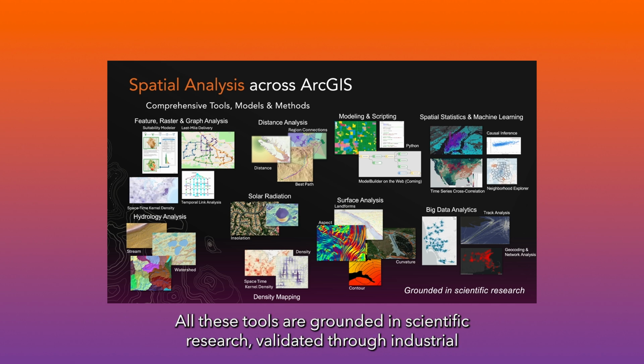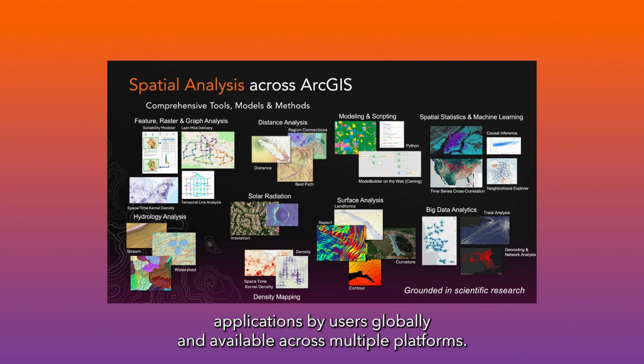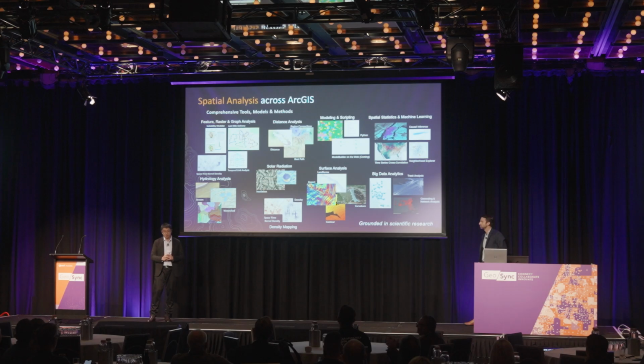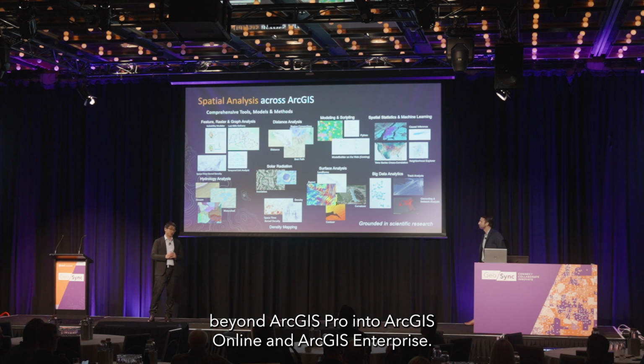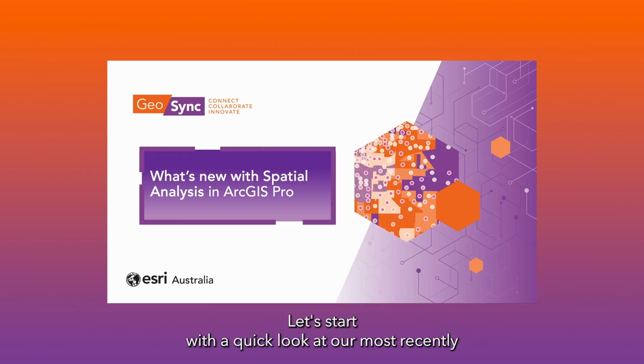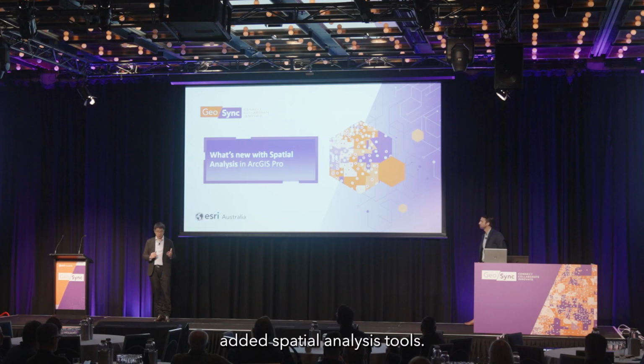All these tools are grounded in scientific research, validated through industrial applications by users globally, and available across multiple platforms. With a heavy focus on research and innovations, more tools are being made available and enhanced across more platforms beyond ArcGIS Pro into ArcGIS Online and ArcGIS Enterprise. Let's start with a quick look at our most recently added spatial analysis tools.